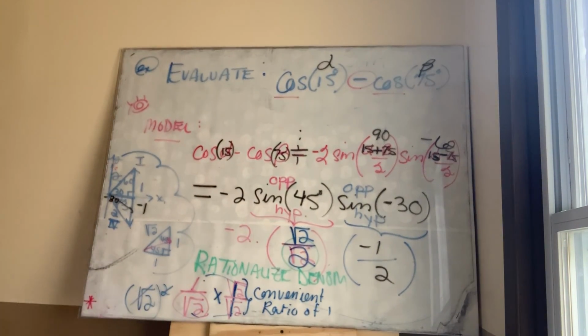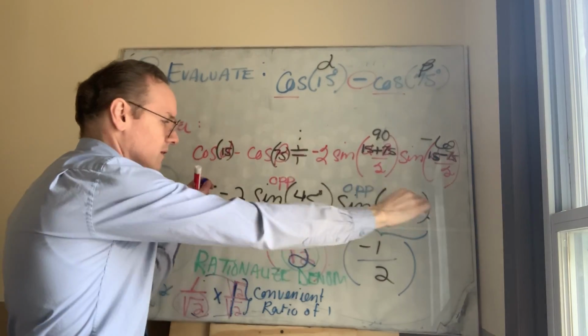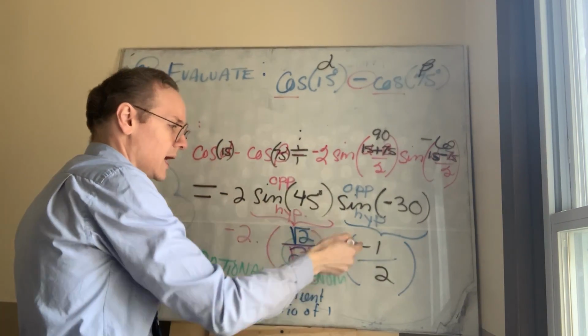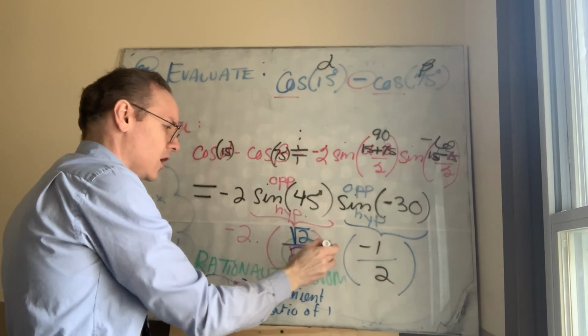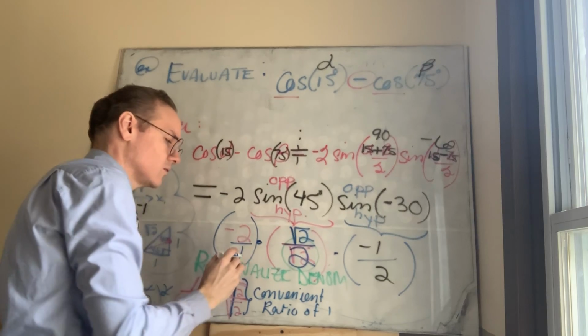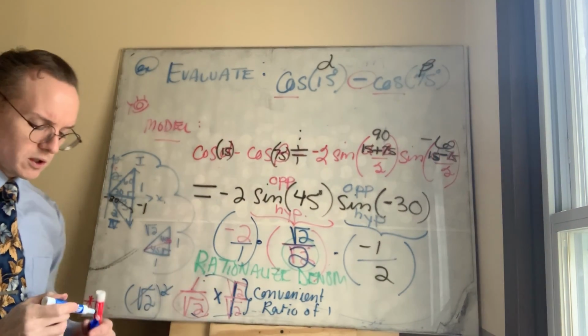Okay. Now, these three elements, the square root of 2 over 2 and the negative 1/2, are being multiplied, and you could make negative 2 look like a fraction by sticking a 1 under it.